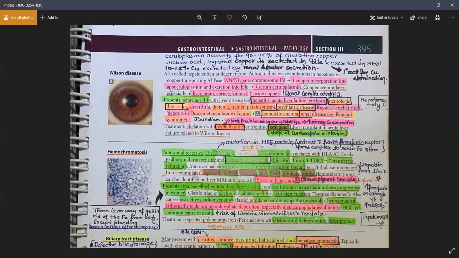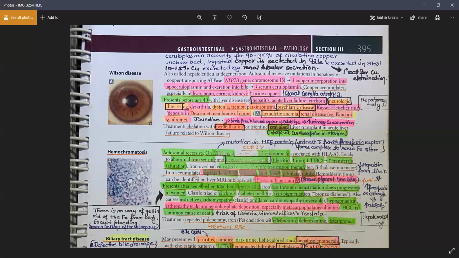Now, the second function of this ATPase is to excrete the copper into the bile. You know that in order to excrete the copper from the body, 95% of the copper will be excreted from the liver, right? And the remaining 5% is excreted by the kidney.